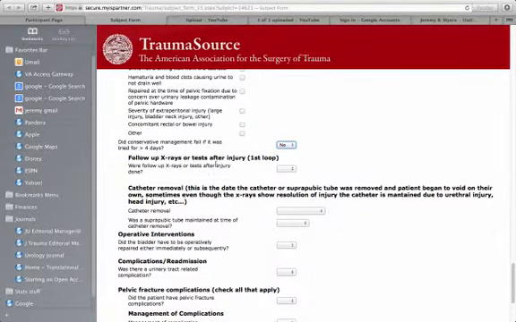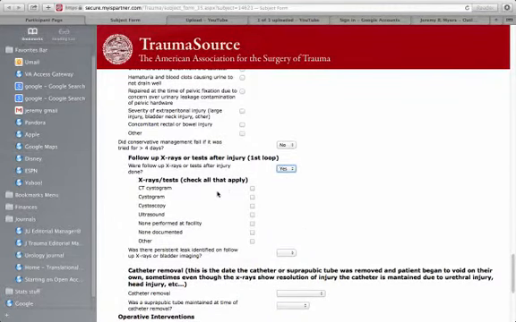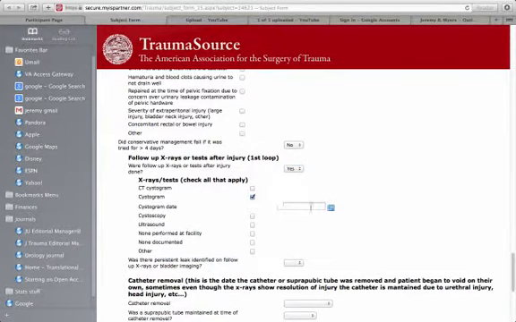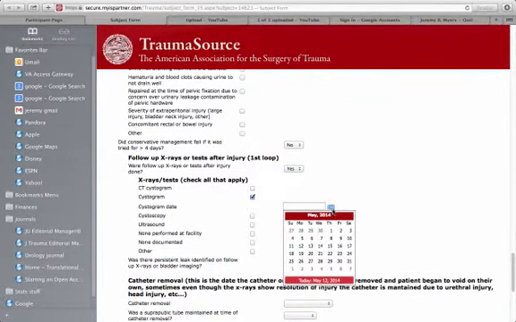Follow-up x-rays. Did the patient have any follow-up x-rays to make sure that the bladder had healed? We'll say in this case the patient did, and then we'll check which x-rays were done. This patient had a cystogram at approximately 2 weeks, and we'll make up a date. So he was injured March 1st and repaired March 2nd.